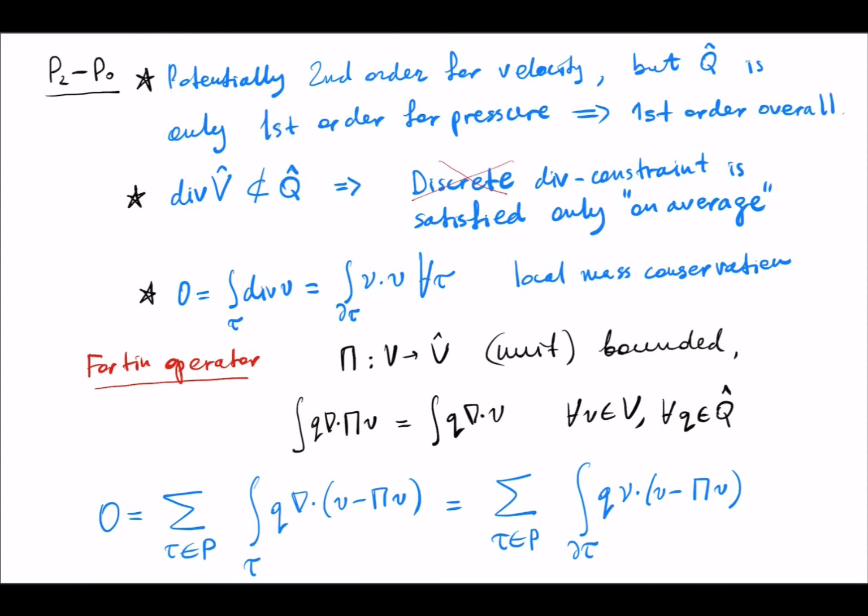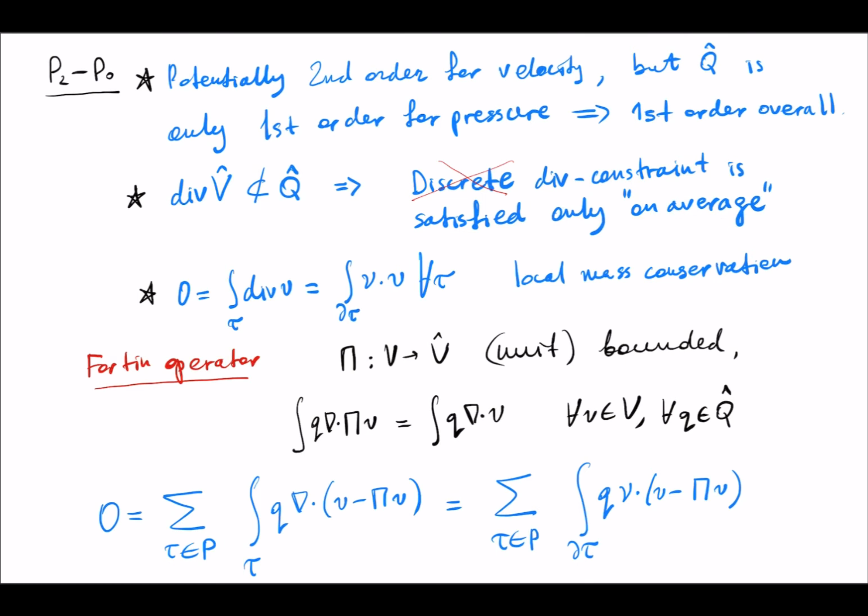The discrete divergence constraint is here. This is actually satisfied. Because the pressure space is piecewise constants, the discrete divergence constraint really is exactly this. It tells you that the average of the divergence over each element is 0. So that's what I mean by the divergence constraint being satisfied only on average.